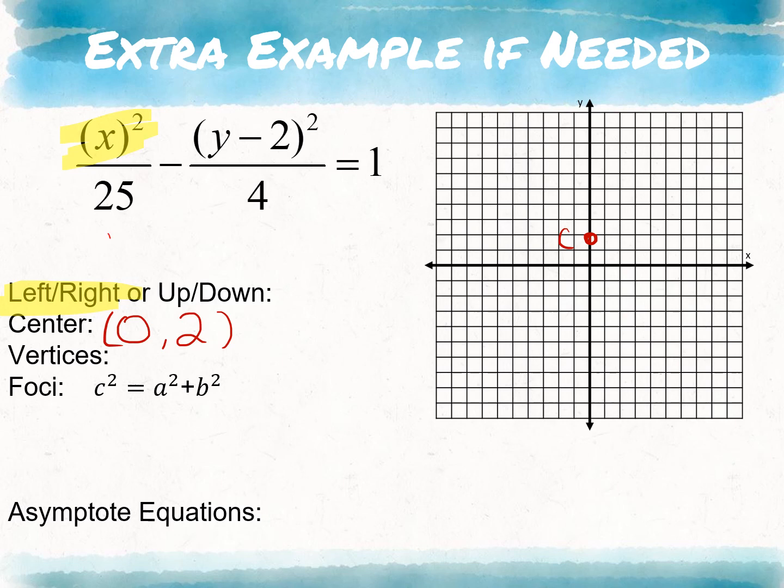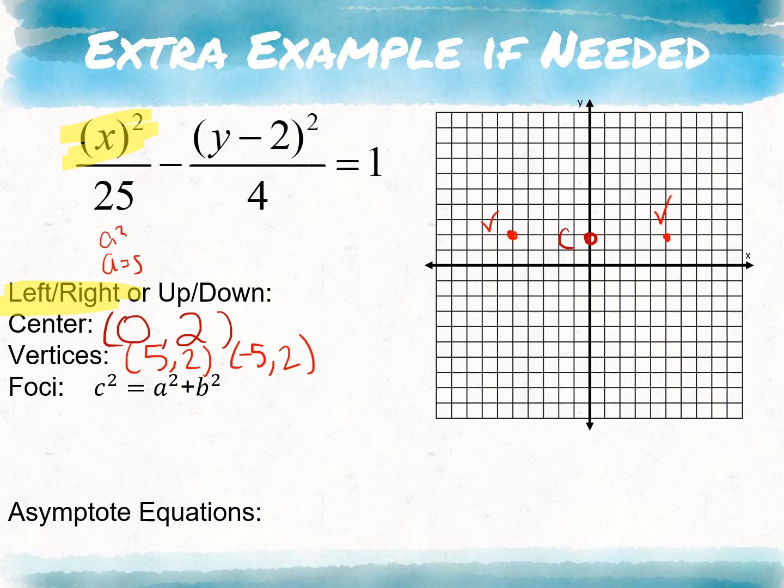I have an a squared value of 25, which means a equals 5. So from the center, I want to go 5 to the right, and I want to go 5 to the left. That's my vertices. So I exist at 5, 2 and -5, 2. So the fact that that was 0 actually kind of helped a little, right?